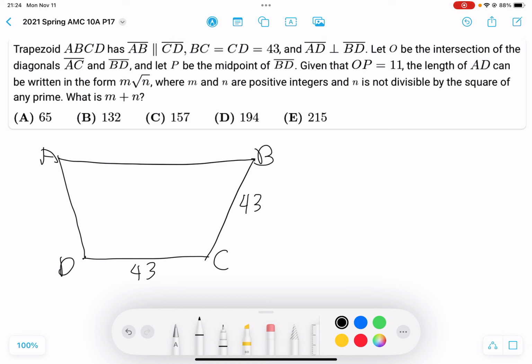And AD is perpendicular to BD. So let's draw BD. That is supposed to be a right angle, so let's try to make this diagram more accurate. We need a right angle here.